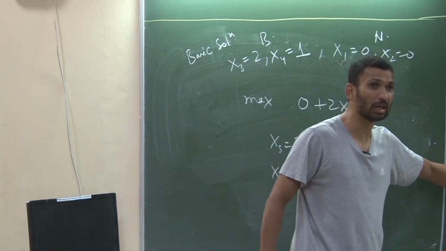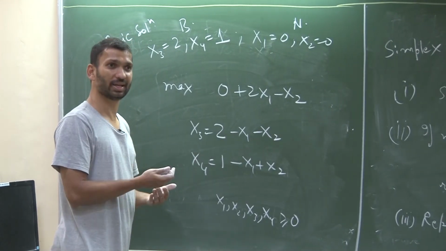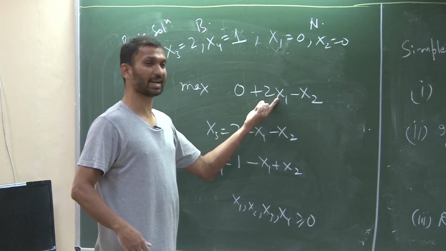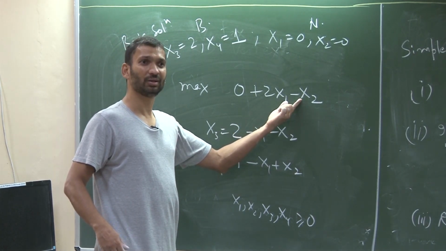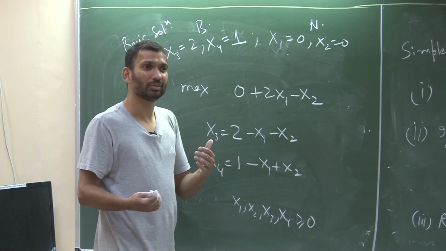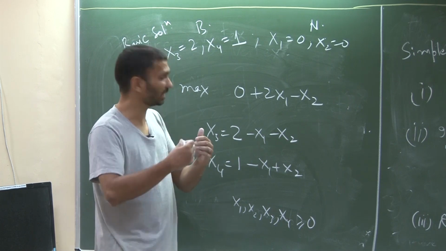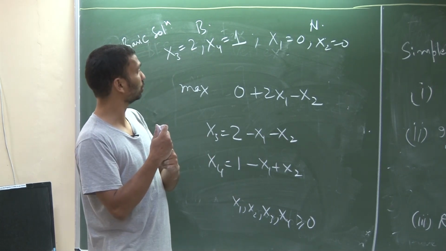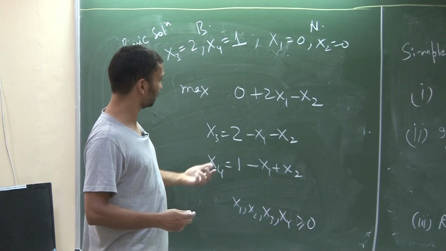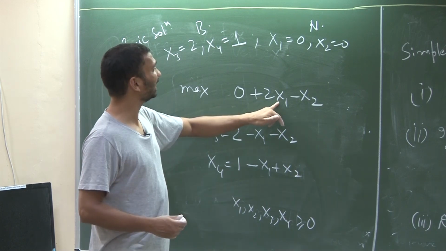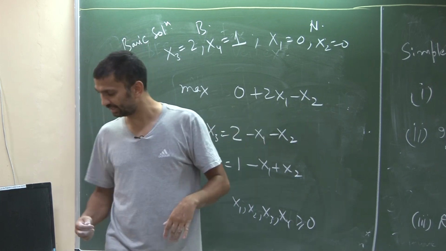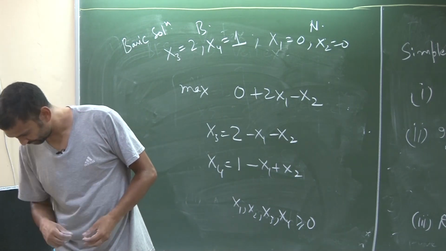Because now it will help me find a variable such that my value can increase. I know that x1 and x2 are positive. I can bring them down. Oh sorry, I want to maximize, yes. So now what can I do? I can decrease x1, increase x2. What should I do?